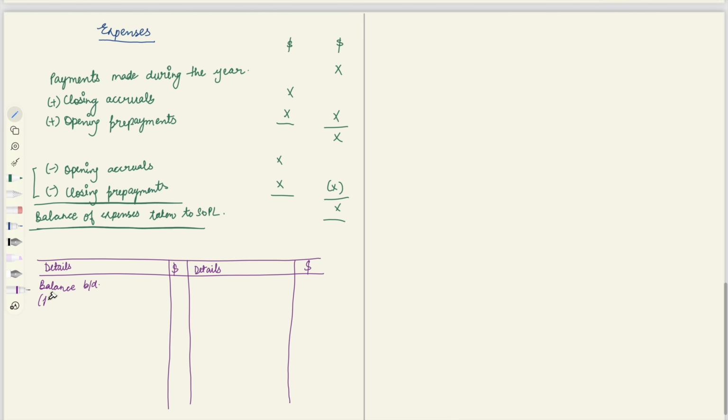On the debit side, this is for prepaid opening. Balance brought down, this is your accrued opening. Then payments made: bank account credit, expenses account debit. Bank, this is for payments made.